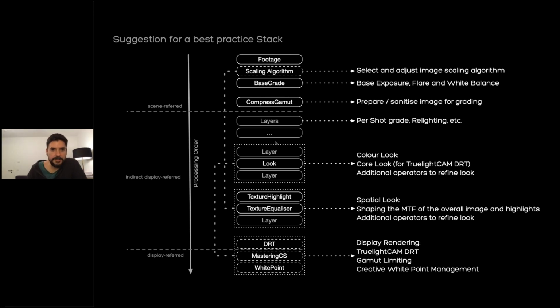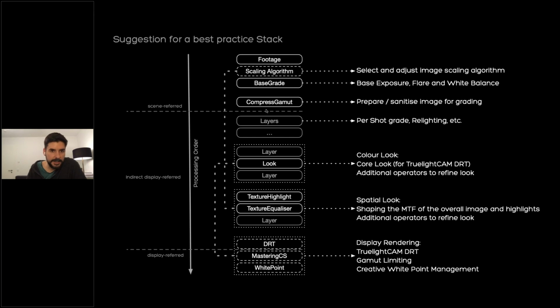Another view on these stages is to look at the image state, because we can draw some lines in here. Until the compress gamut operator, because using base grade only balance and flare will maintain the scene linearity of the image. Also, the compress gamut will not destroy the scene linearity.